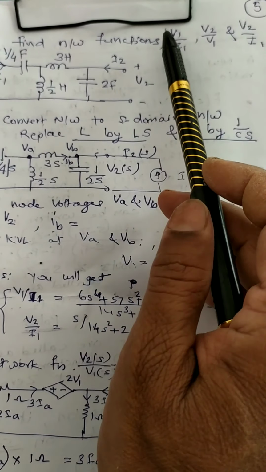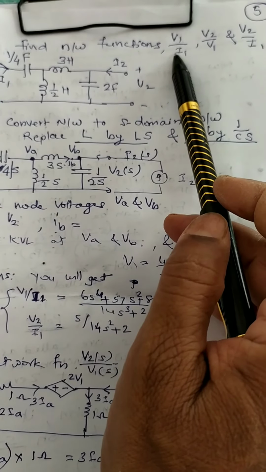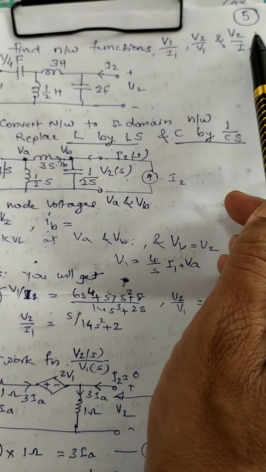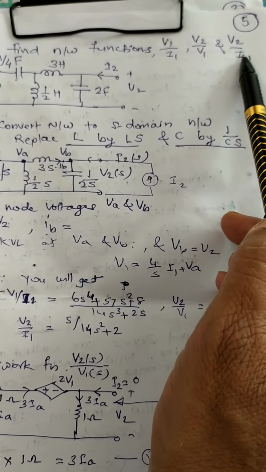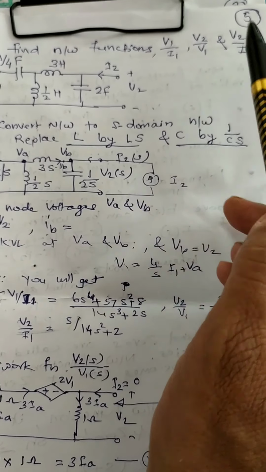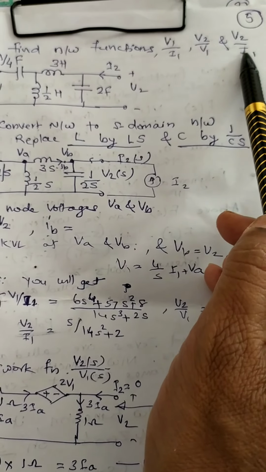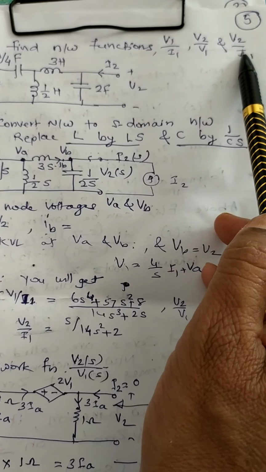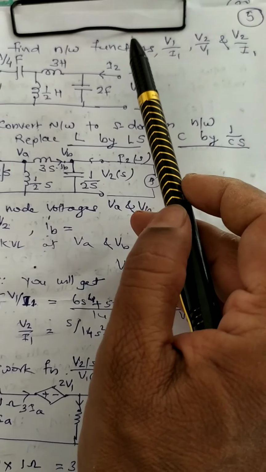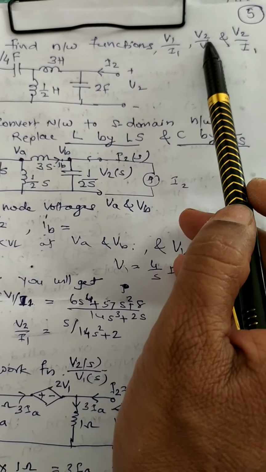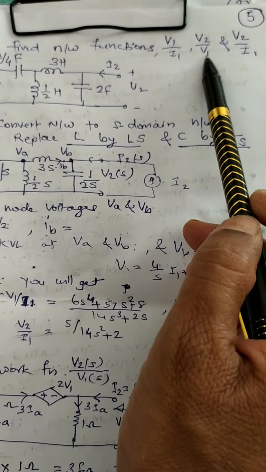What is V1 by I1? Z11. It is a driving point impedance function because it is V1 by I1. V2 by I1 is the transfer impedance function, Z21. And V2 by V1 is the voltage ratio function, G21.